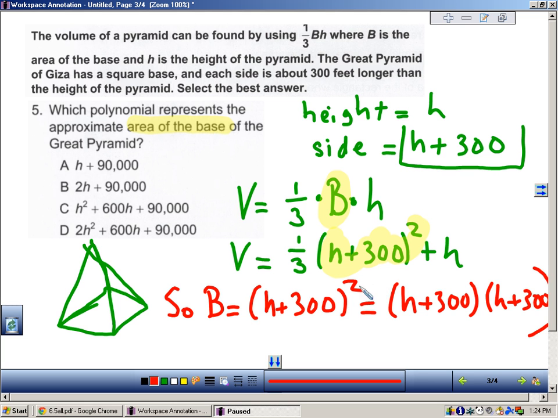Yeah, it's going to be this expression here. This is the answer here. And again, h times h is h squared. That would be 300h, 300h, gives you 600h, and 300 times 300 is 90,000. So the answer is C. Alrighty? Final question.